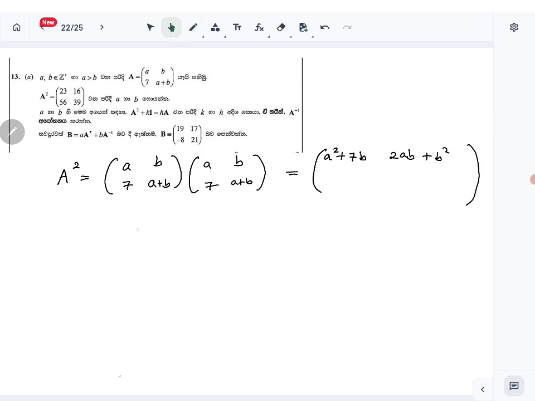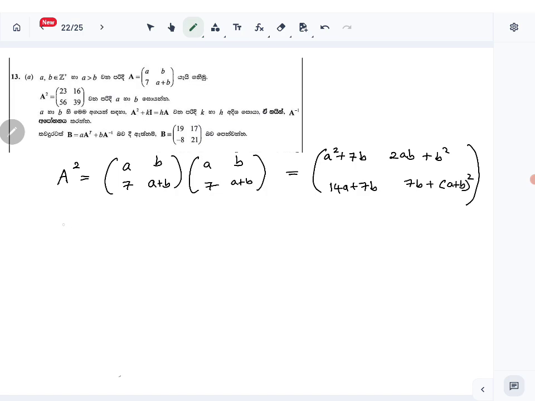Right, now let's move on to the second row. 7 into A, 7 into A plus B, which gives you 14A plus 7B. Then last term, 7 into B, A plus B into A plus B. So 7B plus (A plus B) squared. Right.